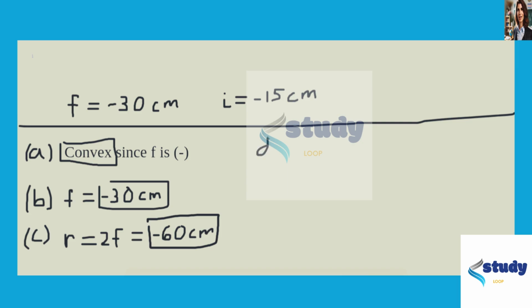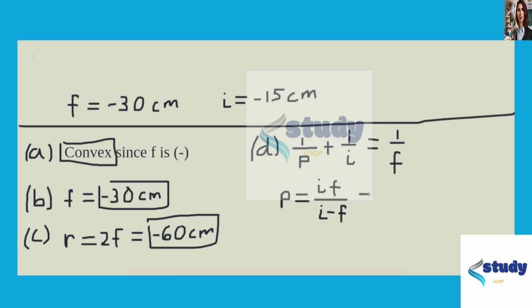Part D wants to know what the distance from the mirror to the object is. To do that, we're going to use the equation that says 1 over the distance to the object, p, plus 1 over the distance to the image, I, is equal to 1 over the focal length, f. In other words, we can rearrange this to solve for p. p is equal to I times f over I minus f.